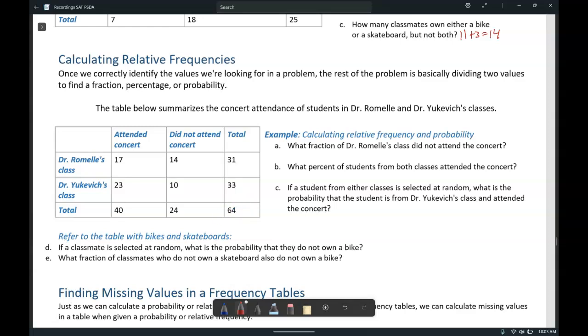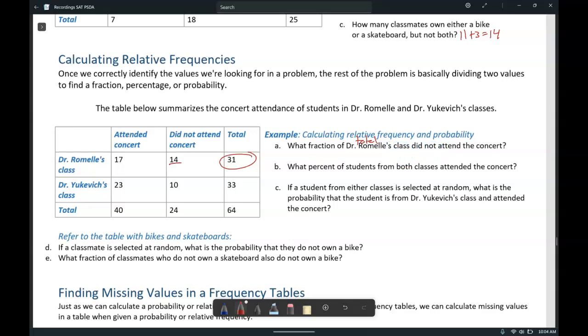So we want to look at what fraction of Dr. Ramel's class did not attend the concert. So we have to identify what's the part and what's the whole. Well, we're looking specifically at Dr. Ramel's class, so our total is the total number of students in Dr. Ramel's class, which is this column here. And how many of those students did not attend the concert? Well, of his students, 14 of them did not attend.